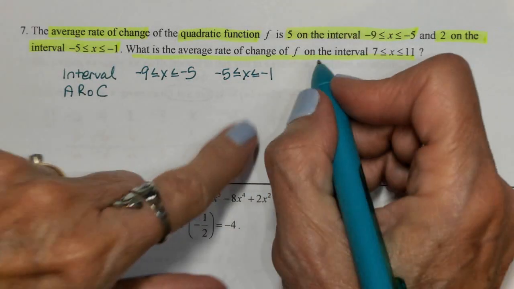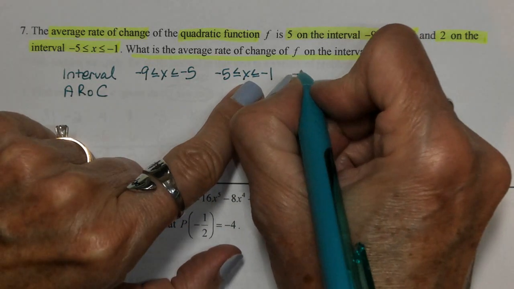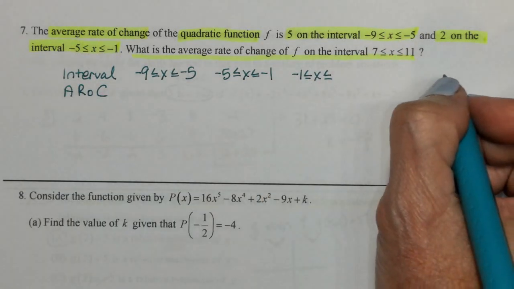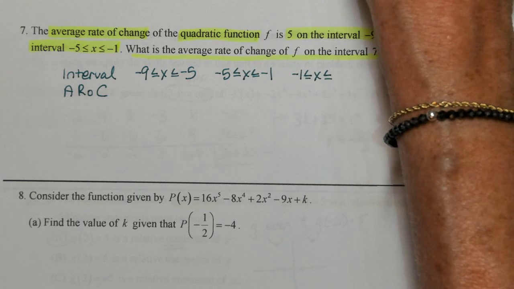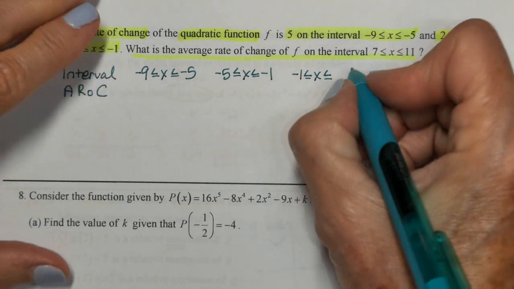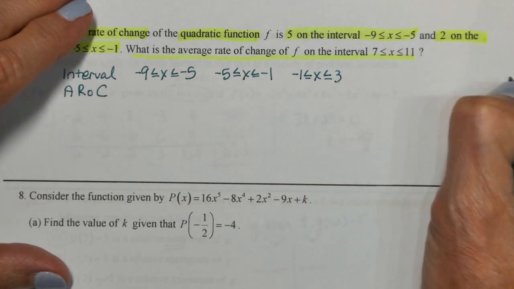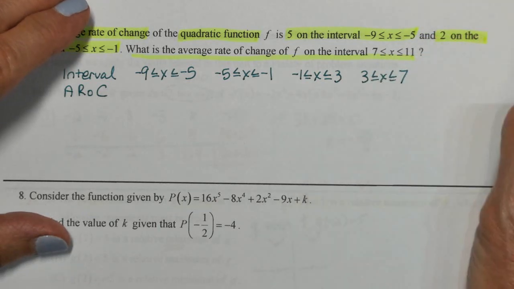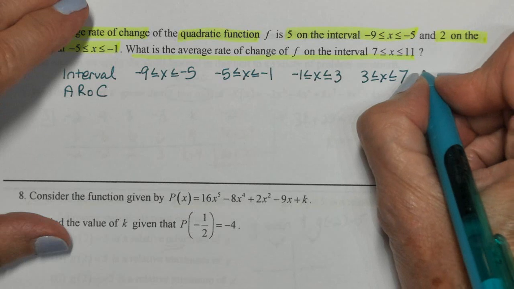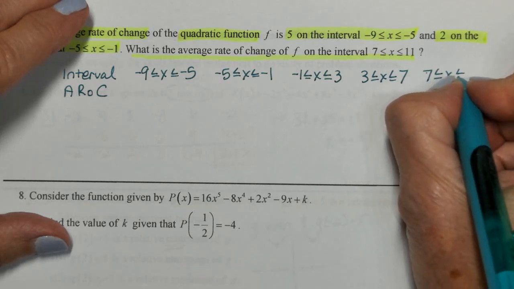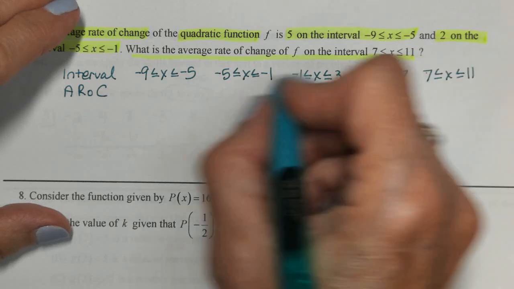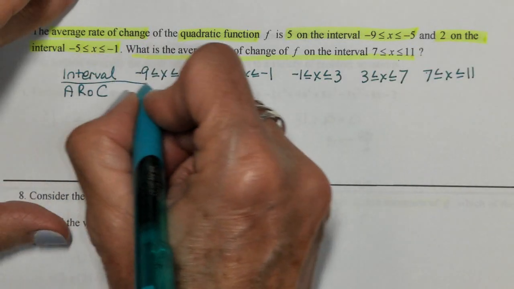So the next interval should be -1 to what? Well, the distance needs to be 4, right? So -1 to 3. And then 3 to 7. And then 7 to 11, which is what we're trying to find.